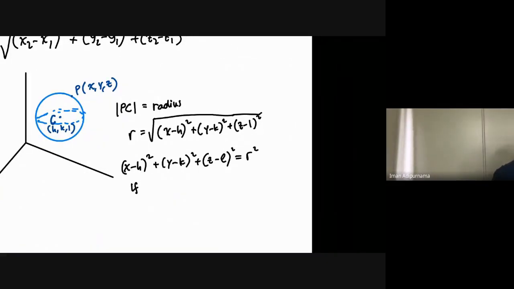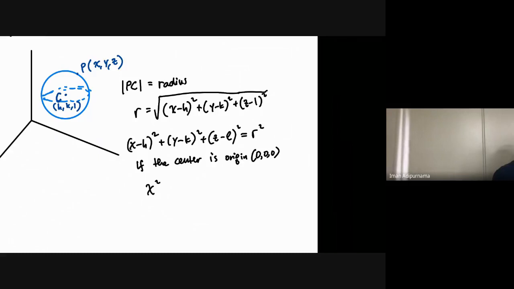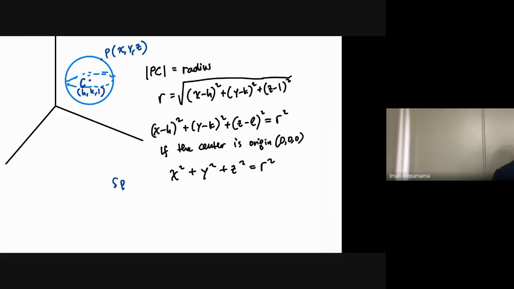If the center is the origin, or 0, 0, 0, then we have x squared plus y squared plus z squared. This becomes our sphere equation.